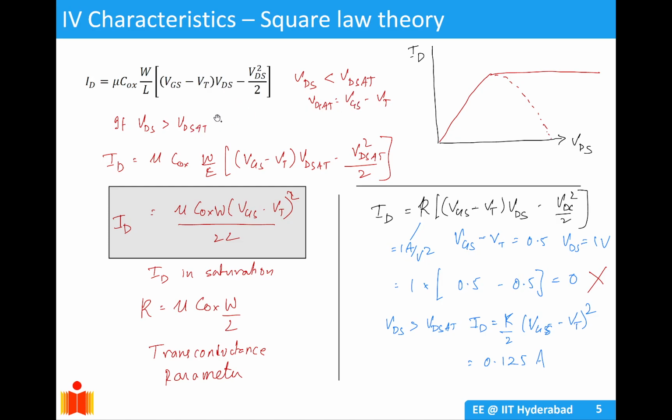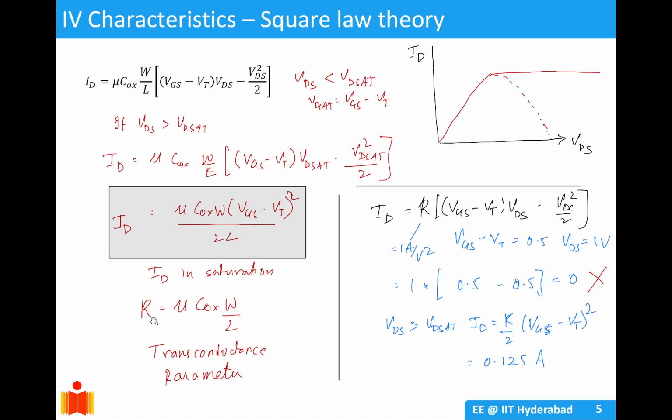At the VD sat value, you can replace this whole thing by VGS minus VT, and if you do that, your current comes out to be ID equals mu Cox W (VGS minus VT) whole square by 2L. You can see here the current is now no more dependent on VD, so it becomes a constant value for all VDS greater than VDSat, and this is your saturation current.